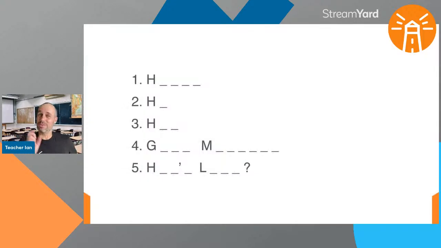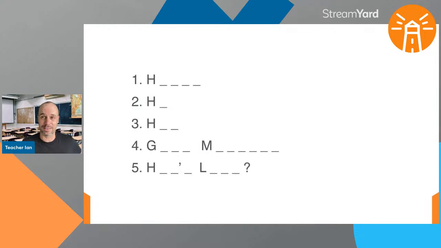Now, I gave you some clues. Here we have five words or expressions. I gave you the starting letter for each word plus the number of letters in that word. The first one is pretty easy. It starts with H with 5 letters.